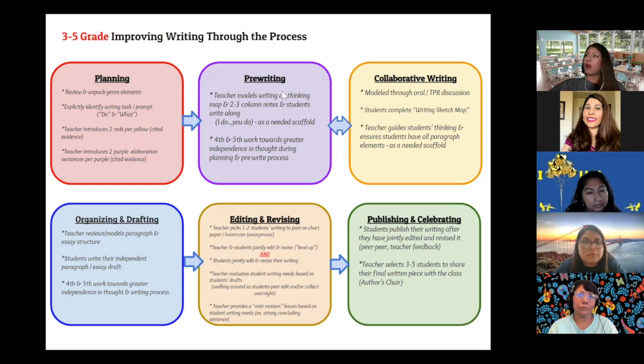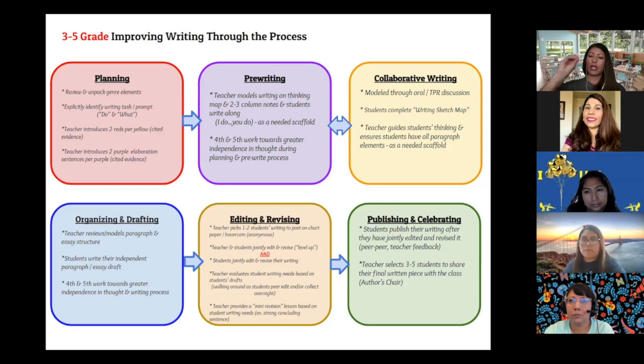Then we're going to move on to the pre-writing. And the pre-writing is where we share with you certain thinking maps, or maybe the way that you can use AVID Notes in order to have the students be organized with what they're going to be writing. And then we are going to move to the collaborative writing piece, where again, we are going to mention the TPR discussion and have a discussion.